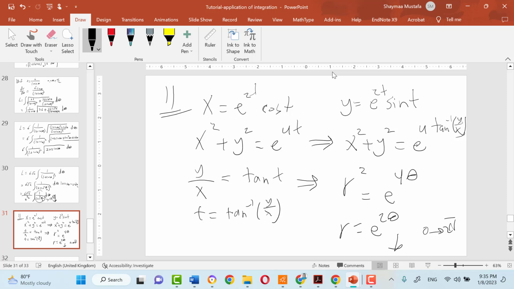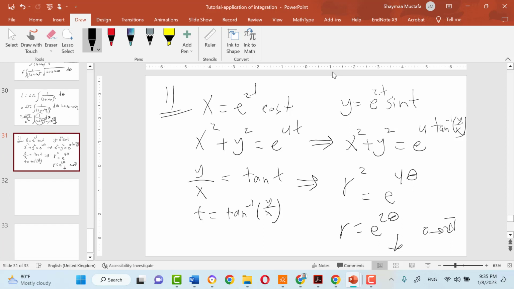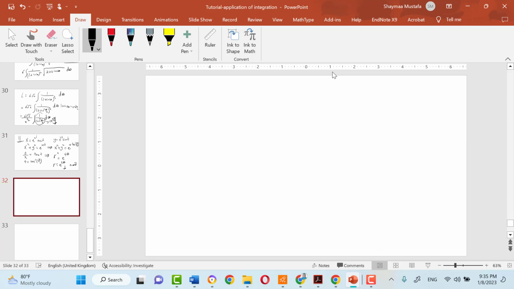For question number 13, we have question number 13H. y is x square over 2 plus 1 over 2 from x equals 0 until 1.